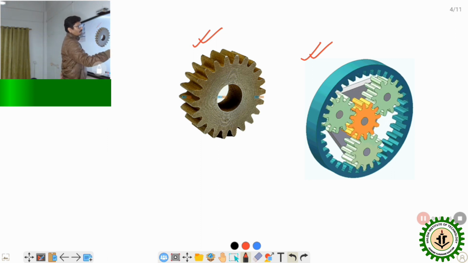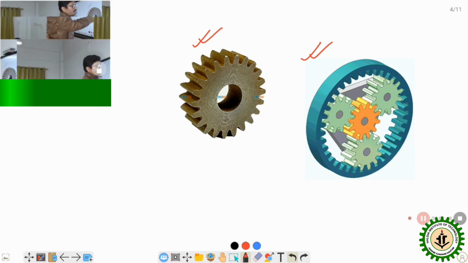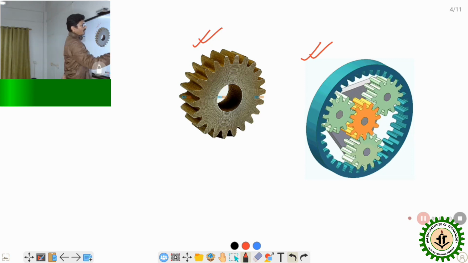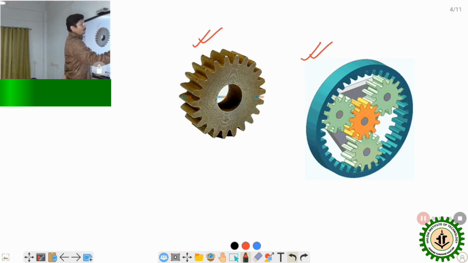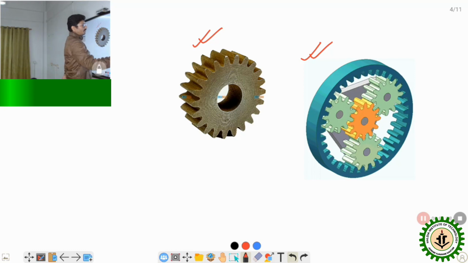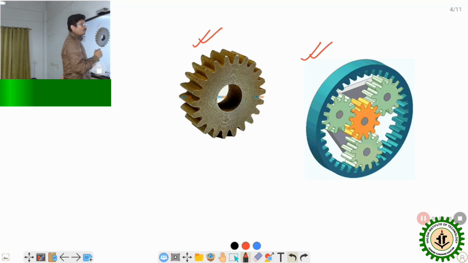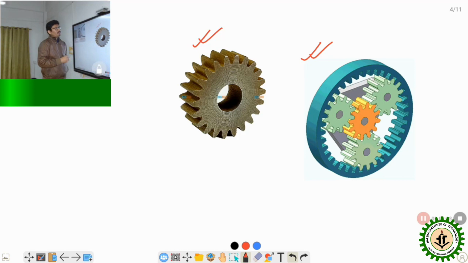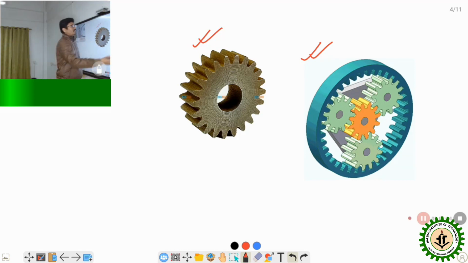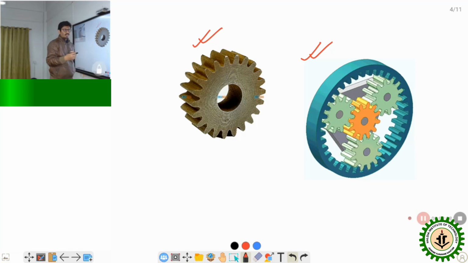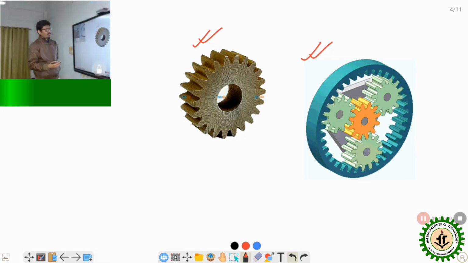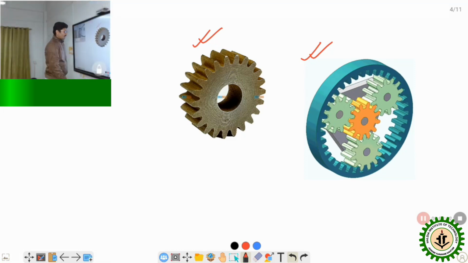These are called the planet gears, and the center one is called the sun gear. If I rotate the sun gear, that is the central gear, the planetary gears and this blue ring gear will rotate automatically. That means it transmits power from the central shaft to the outer periphery.